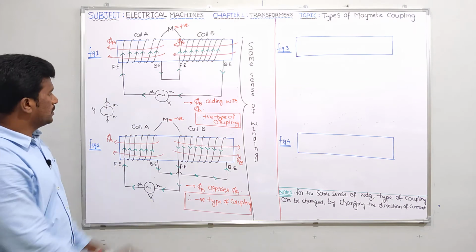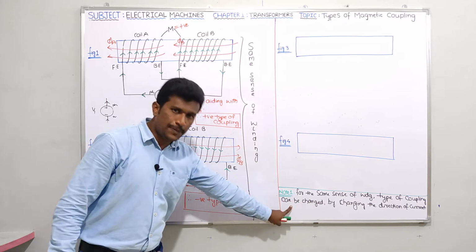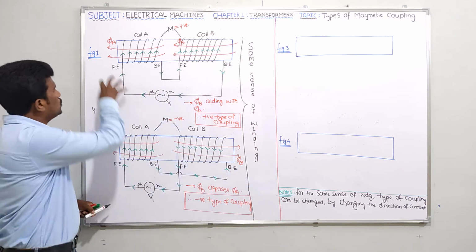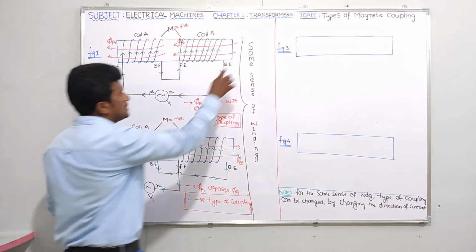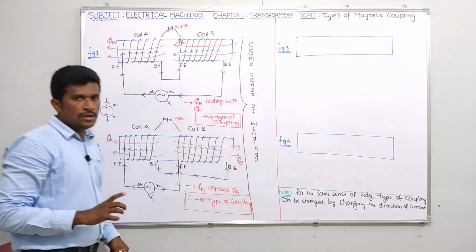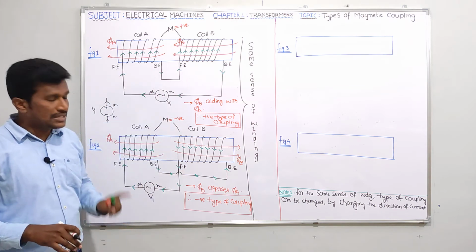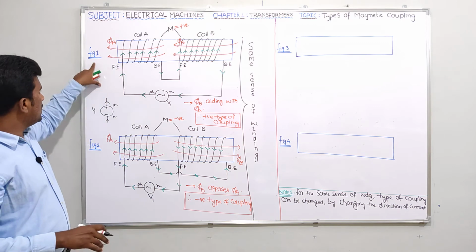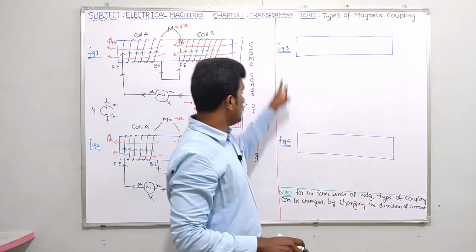Is it clear? This is the first one. See, the same note can be explained by using these two figures. So these two figures have the same sense of winding. You can take figure number 3 and figure number 4 also. But the thing is, just like figure number 1 and figure number 2, you should have the same sense of winding here in figure number 3 and figure number 4.